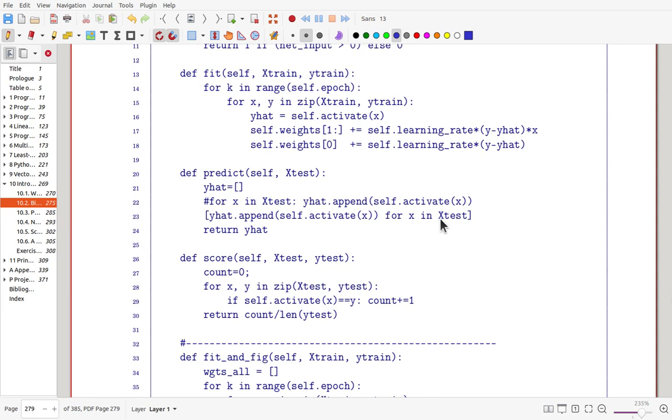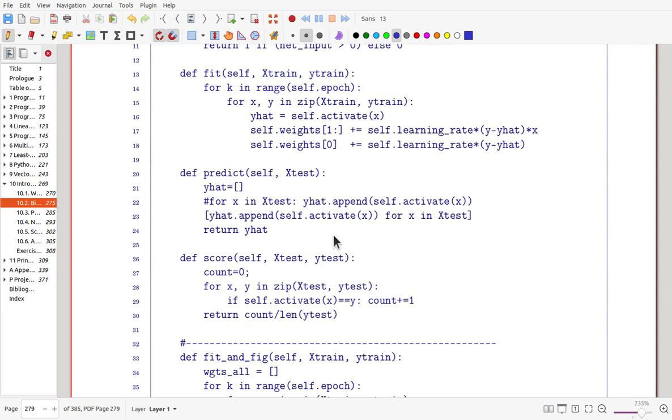You can implement it this way, or you can comment that out and use this one, for x in x test, appending each activation, or you may write it in separate two lines. Python is quite flexible.